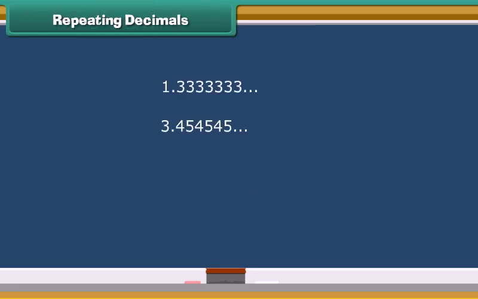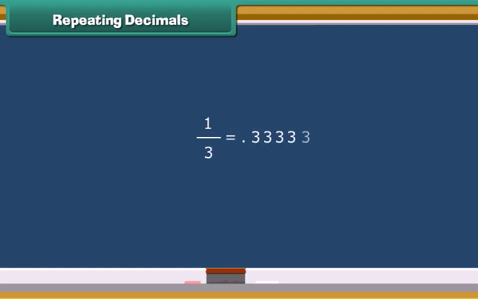Some decimals don't stop and go on adding numbers to the right forever. Look at the decimal form of the fraction 1 by 3. What did you notice? It starts with 0.33333 and just keeps going on and on.